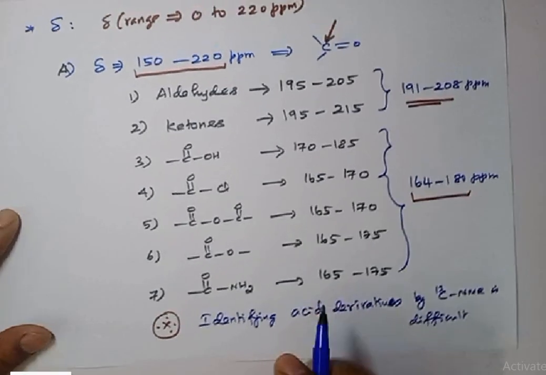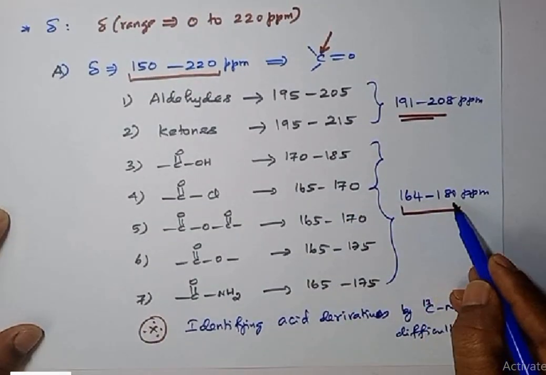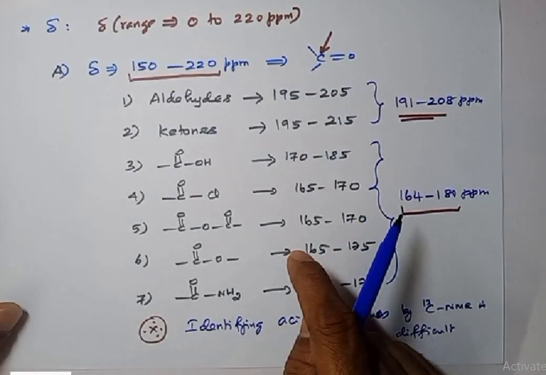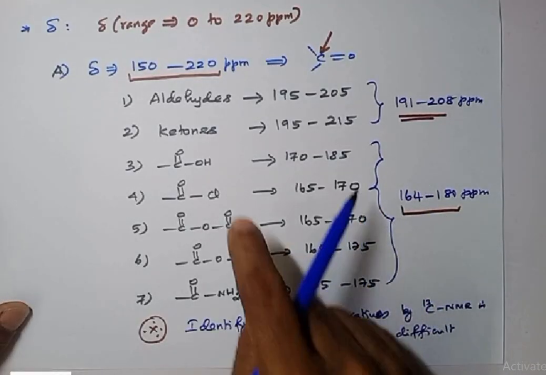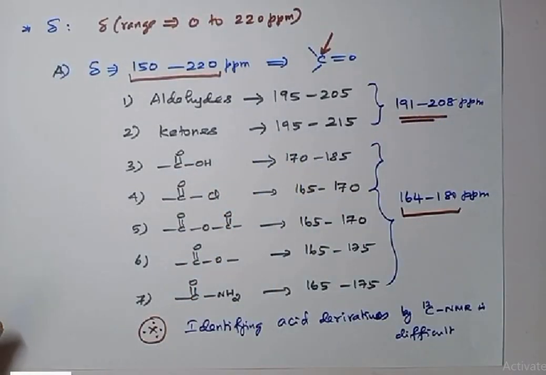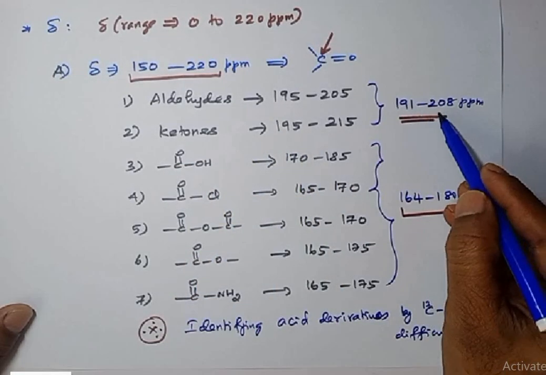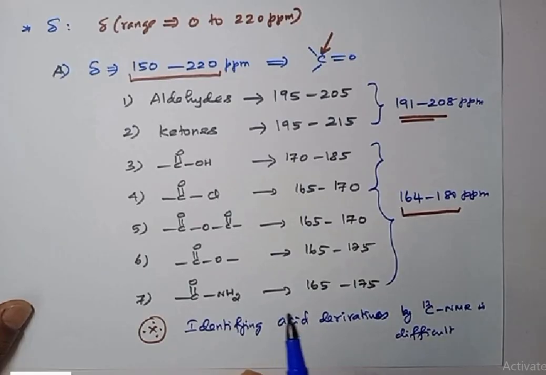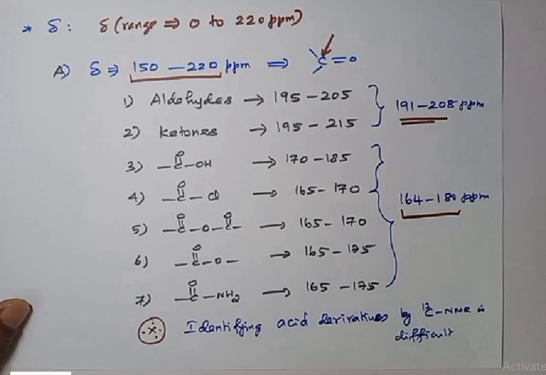So, if I get a signal between 164 to 180, I can say that it is a carbon atom of an acid derivative, any of these may exist. If I get a signal between 190 to 208, it is the carbonyl carbon of an aldehyde or ketone. We can very easily say that. Okay, done.